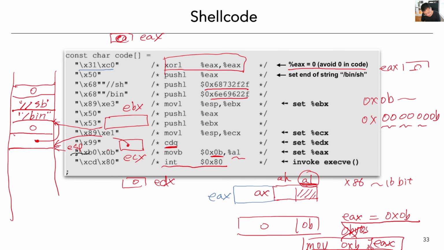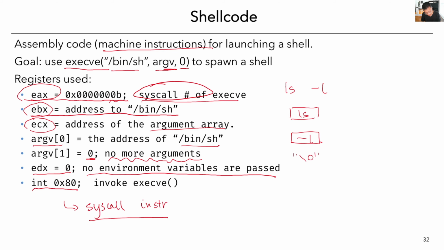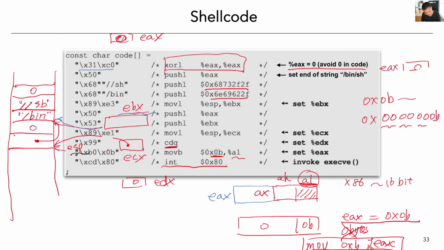So here is the EBX, and the EBX actually points to the string on the stack. The ECX will be the address of the argument array. So the ECX points to this block on the stack.